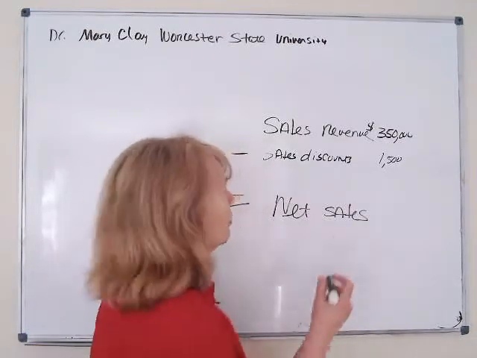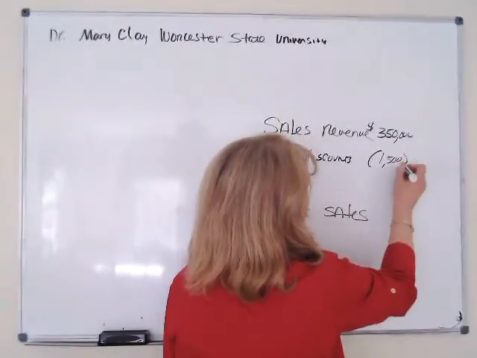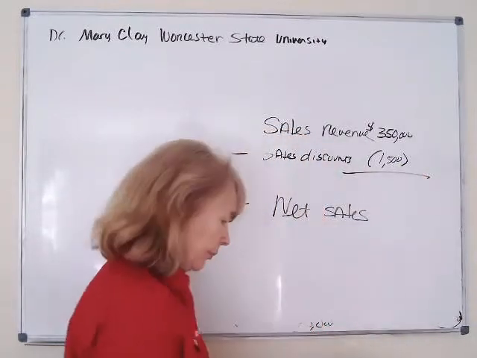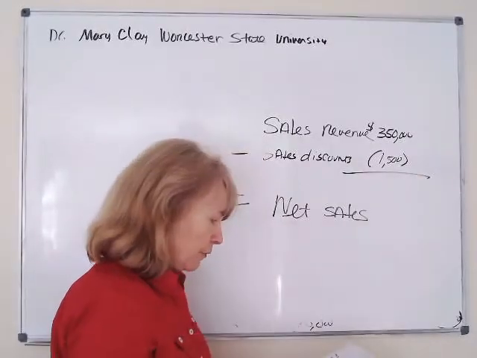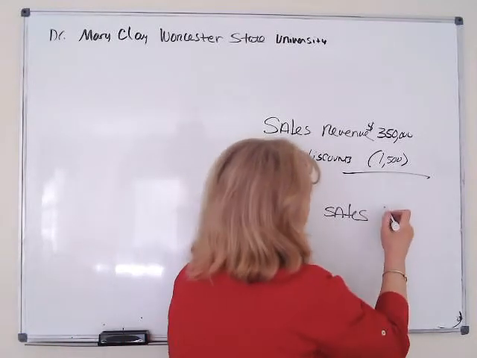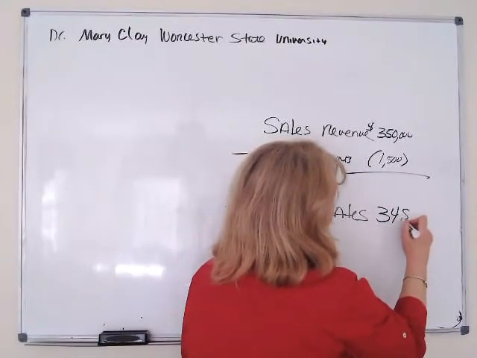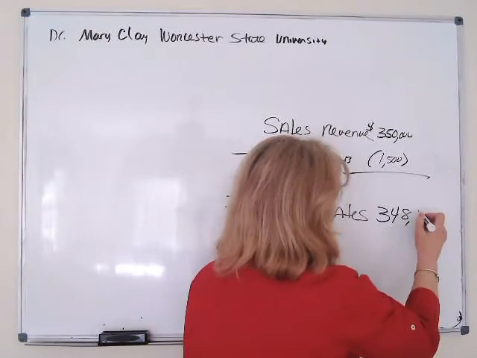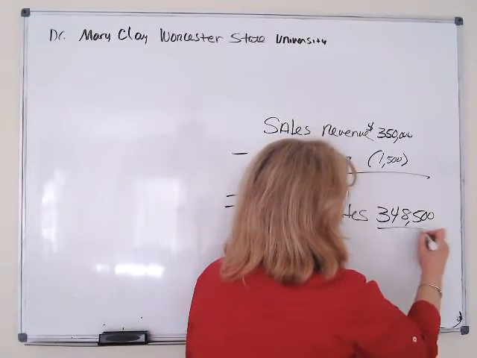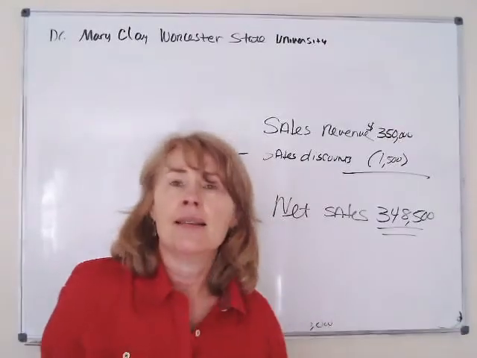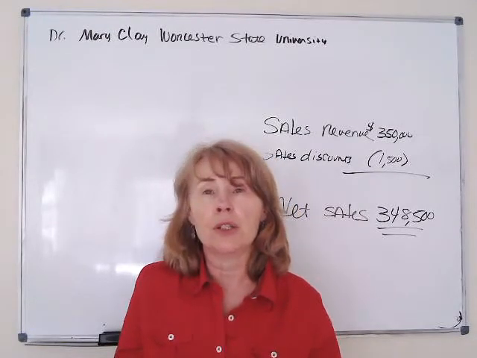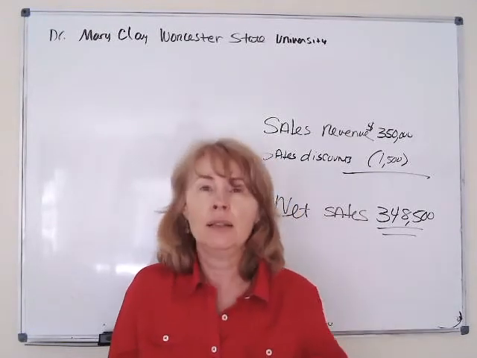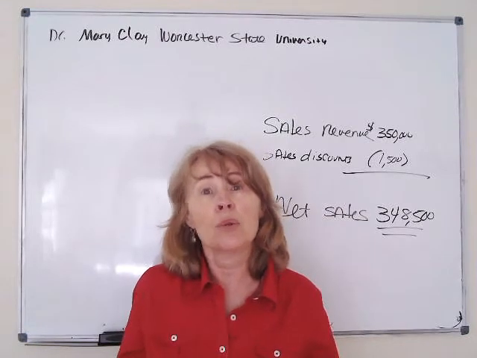It will subtract from the regular. I put it in parentheses, draw my line, and take the difference between the two. 350,000 minus 1,500. And that gives me my net sales. The answer is $348,500. Okay? And that's it. That's how you do a credit card sale and a sale with credit terms. All right? Get in the lab, get that homework done, and I will see you soon.